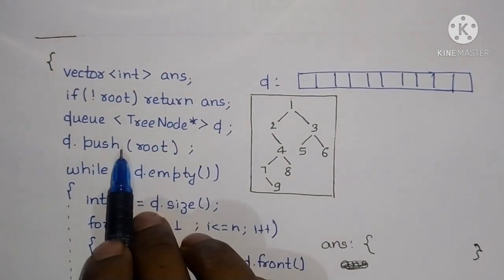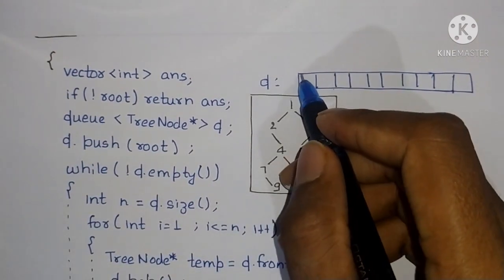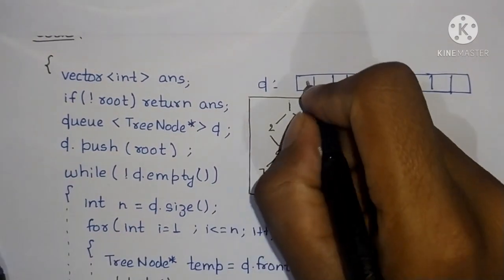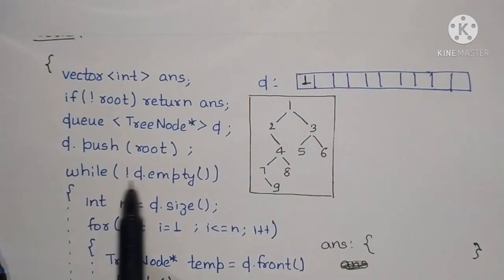Now we push this root into the queue, so the root will be here.